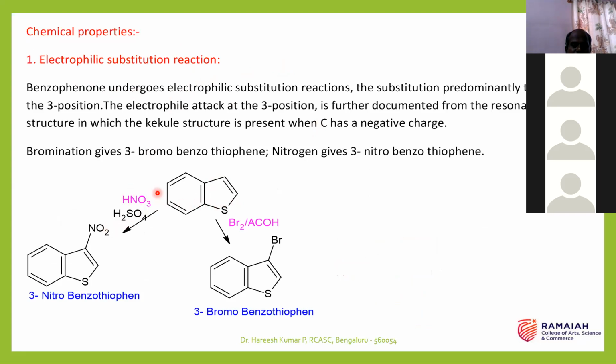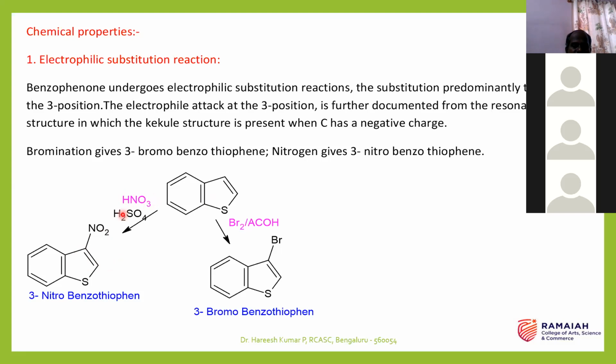Here the electrophile is NO2 plus in the case of nitration. That NO2 plus is attached to the third position. So what is the difference between benzofuran and benzo-thiophene? In benzo-thiophene, electrophilic substitution occurs at the third position. In benzofuran, electrophilic substitution occurs at the second position. That is the only difference.